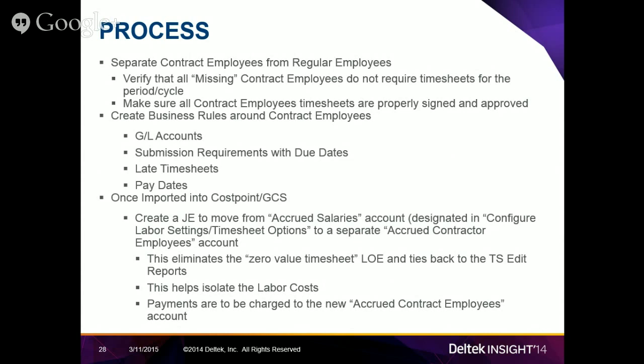And again, when the invoices come in, if you do it that way, I'm going to give you some options for that. If you do it that way where they still put in an invoice, that would help. The payments would just be charged to that accrued contract employees account instead of having to go through a lot of different steps.